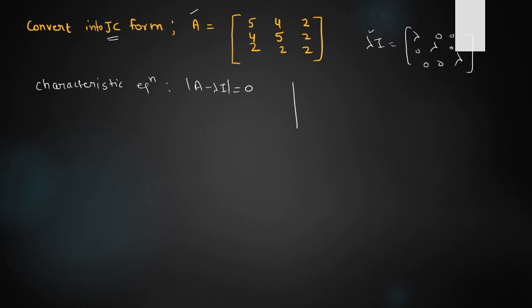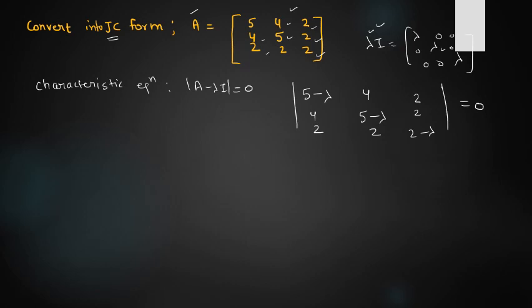Correct? So if you subtract lambda I from A, what you get is 5 minus lambda, here 4 and 2 as it is, then 4, then 5 minus lambda, then 2, then 2, 2, and then 2 minus lambda. Correct?